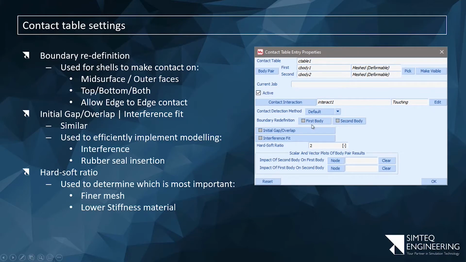Now, in this case, let's say there's a certain shell, let's say body 1 for body 2 makes contact on the top, but on body 3, it should be the bottom. Because it's different pairs, I can then, for those, specify the first body should be ignore thickness and top only for the one pair, and in the second one, I can change it to the opposite.